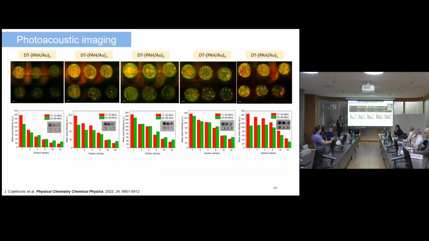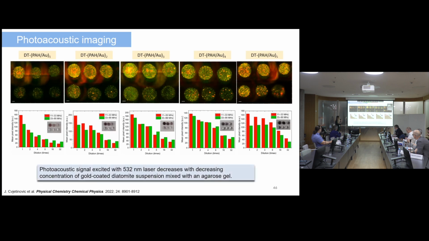Since gold nanoparticles absorb green light well, 532 nanometers, which is the wavelength that we have in our Arsom Explorer 350, we decided to use photoacoustic imaging as a way to show the degree of coverage of diatomite by gold nanoparticles. So on these images, you can see the dependence of mean pixel intensities on dilutions for all samples prepared.